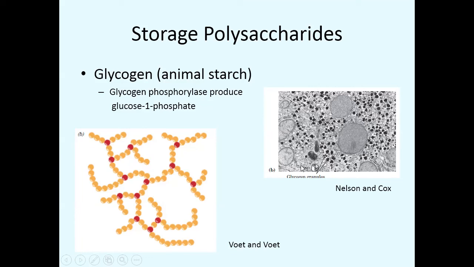When the animal cells need glucose, they break down glycogen. The enzyme which breaks down glycogen is called glycogen phosphorylase. The enzyme breaks down glycogen to release glucose 1-phosphate, which is then converted into glucose 6-phosphate and can be utilized through glycolysis.